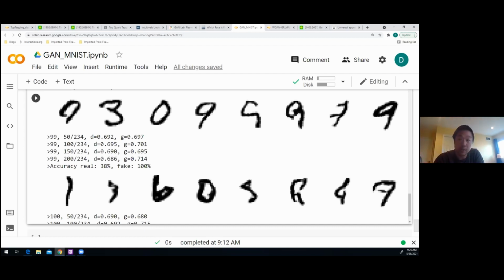So let's suppose the generator only generates zeros. Yeah, that could fool the discriminator 100% of the time. But remember, the discriminator is seeing both real images and fake images in equal proportion, let's say. So the discriminator will learn, hey, everything that's not a 0 is a real image. If it sees a 1 or a 7, it'll say that's a real image, right?